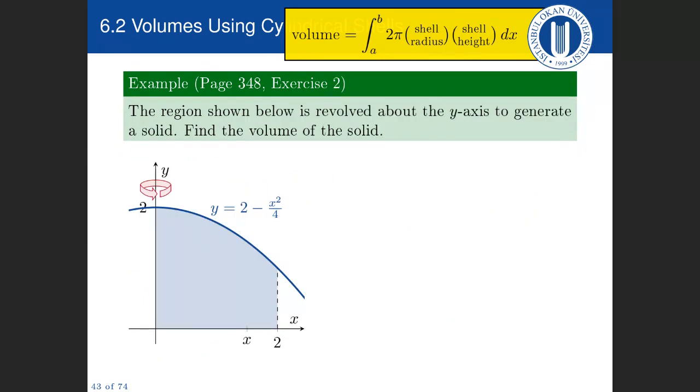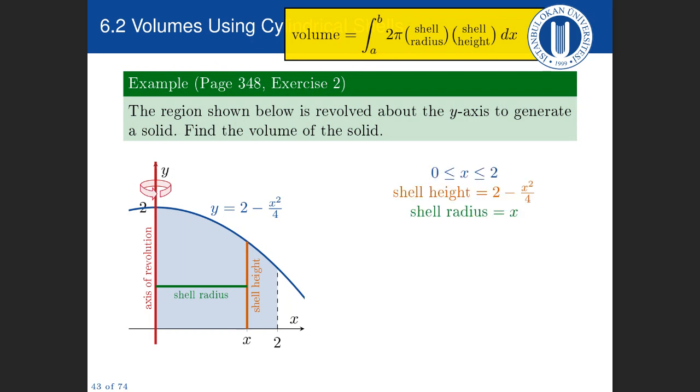The region shown below is revolved about the y-axis to generate a solid. Find the volume of the solid. So step one is to draw my capital H. And then I want to read off the information from the graph.